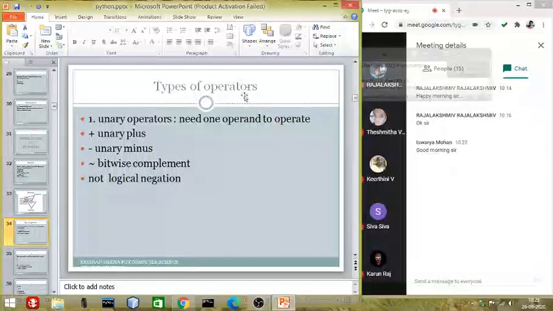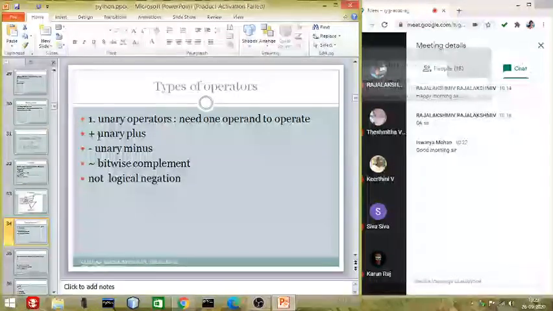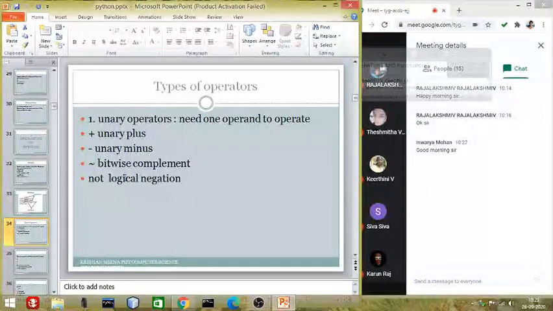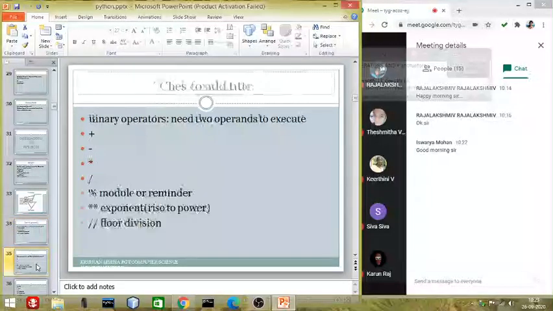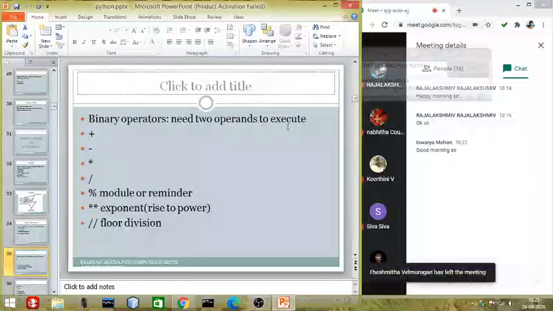We learned the types of operators. We learned about the unary operator, which needs only one operand to operate. We saw yesterday examples of plus plus and minus minus. Bitwise complement and logical negation, for information purpose only. Then we learned about the binary operators. They need two operands to execute.